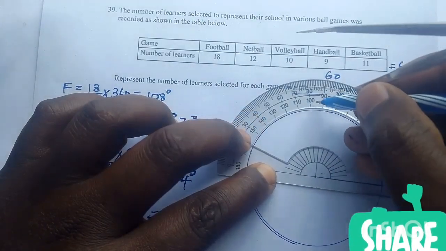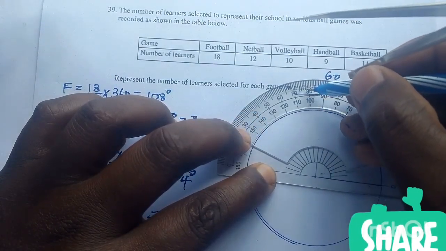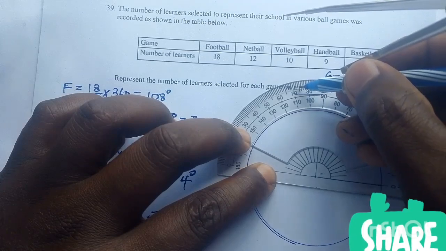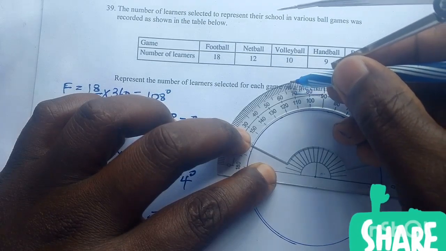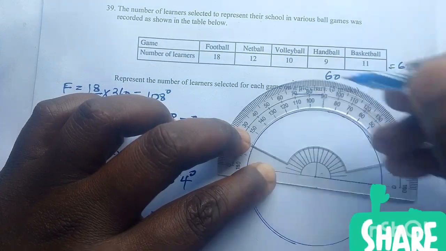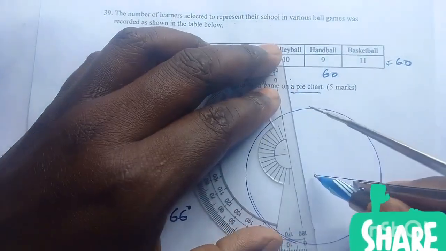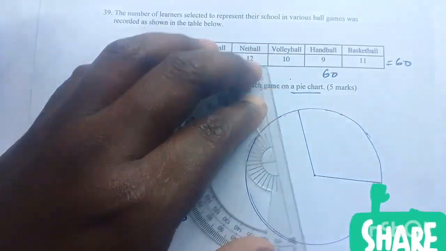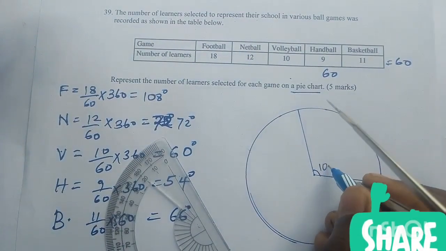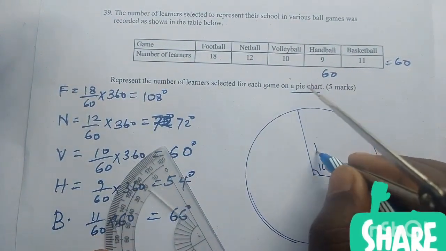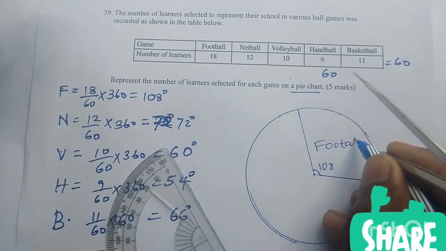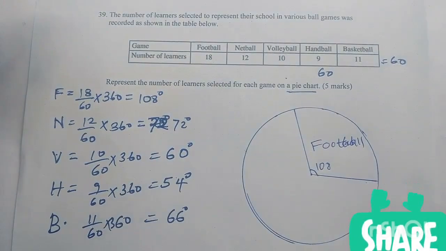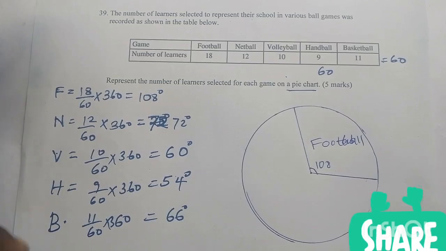100, 105, 108. And then you draw this. So this one is 108, and this is football. Next one is 72.